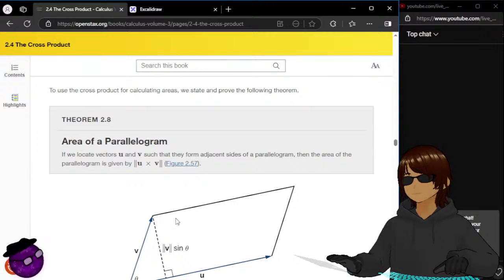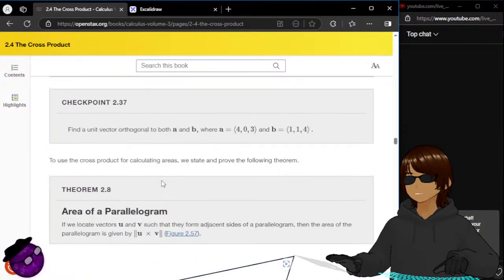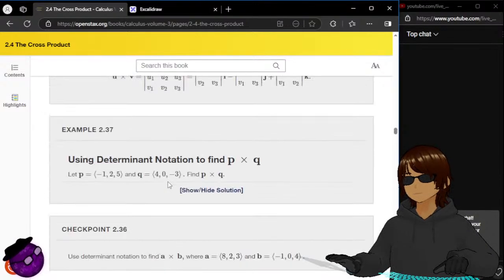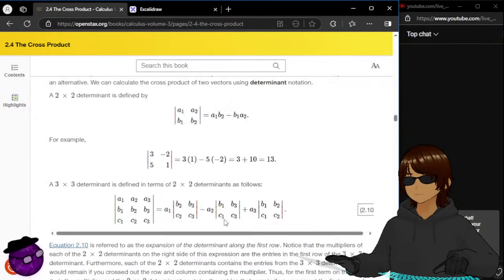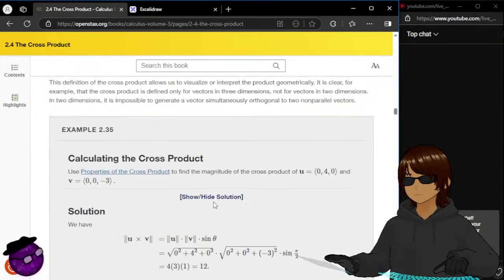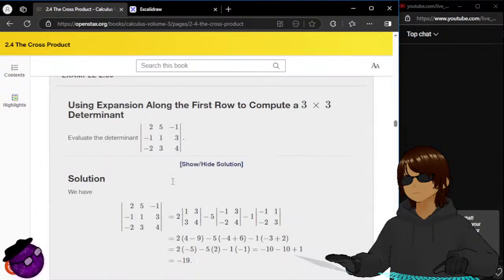If we locate V and U such that they form adjacent sides of a parallelogram, then the area of the parallelogram is given by magnitude of U times magnitude of V. So the magnitude of VU. Hold on.